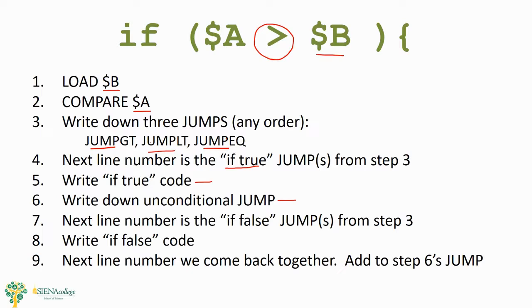At the end of the if true code, we will put down an unconditional jump. The line that follows is the beginning of our if false, and we can use it to fill in addresses here. We write our if false code, and lastly, after our if false code, we come back together, and we can use where we come back together as our address for jump.